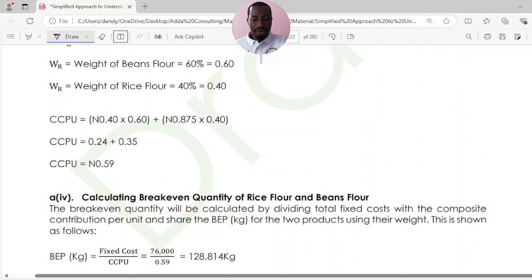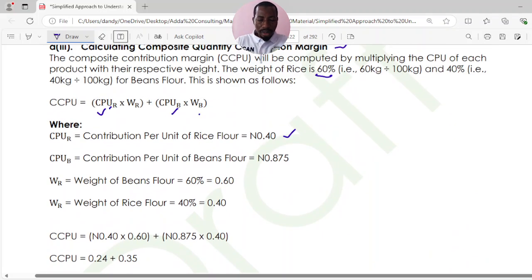Therefore, to get the composite contribution margin, I will pick the contribution per unit of rice. Contribution per unit of rice is 40 kobo multiplied by the proportion of rice. Proportion of rice is 60 kilogram, which is 60%. That is what produced 0.24, plus the contribution per unit of beans flour, which is 0.875.